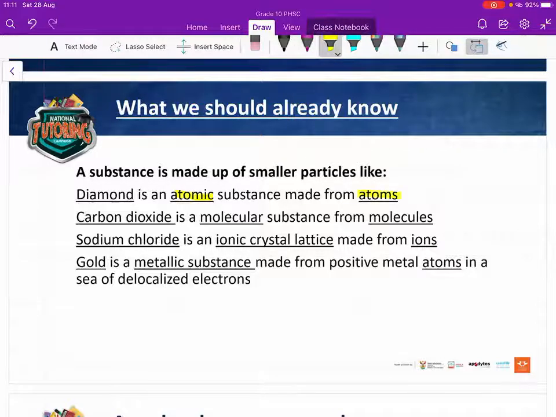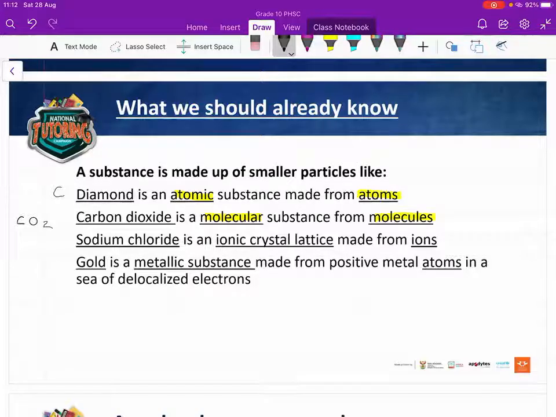So we call a substance that's made just from atoms atomic. And diamond, as you should know, is carbon. The element symbol for carbon is C. Carbon dioxide is a molecular substance because it is made from molecules. So carbon dioxide comes from CO2 molecules.